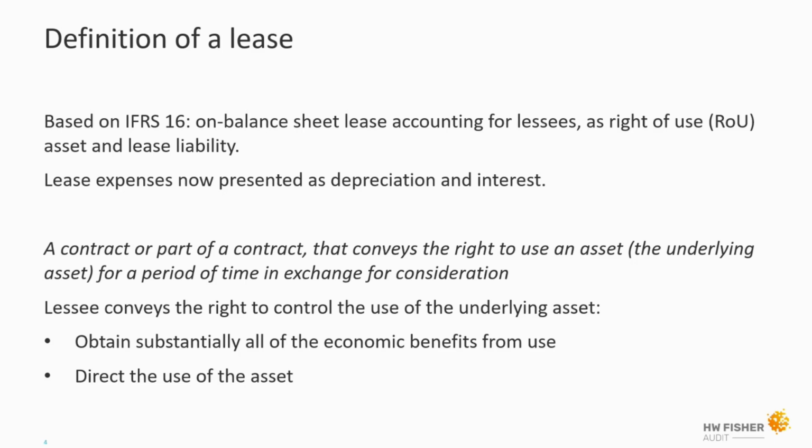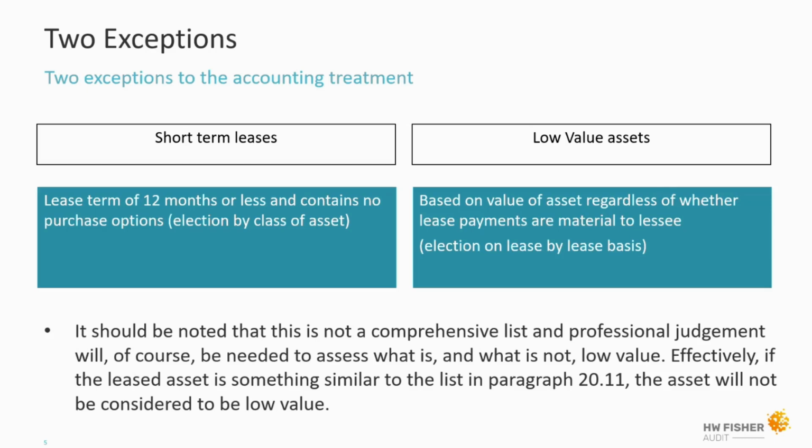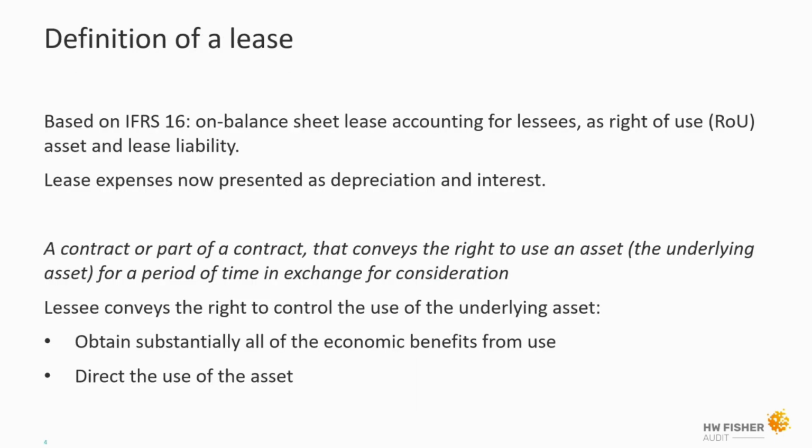So the starting point for everybody is to go away and think about what leases they may have. Is there an underlying asset that now needs to be accounted for as a lease on our balance sheet?